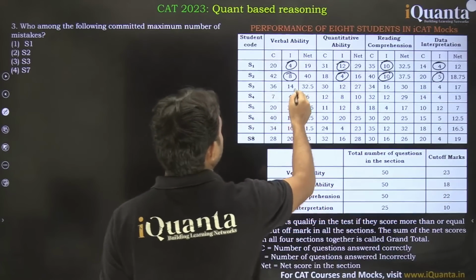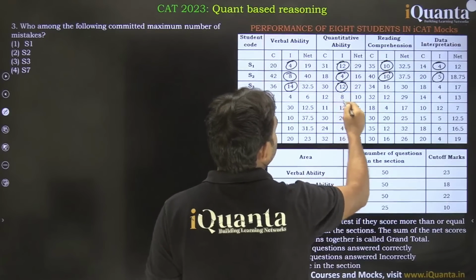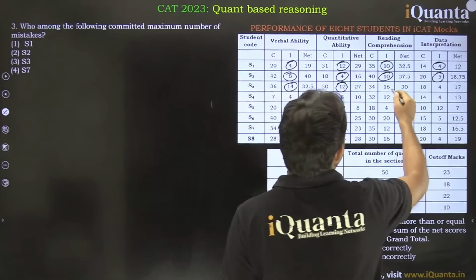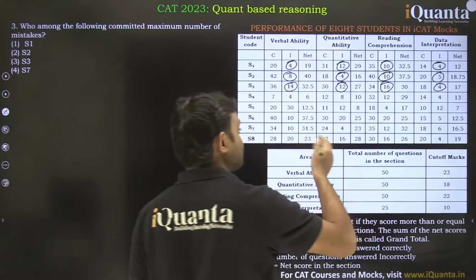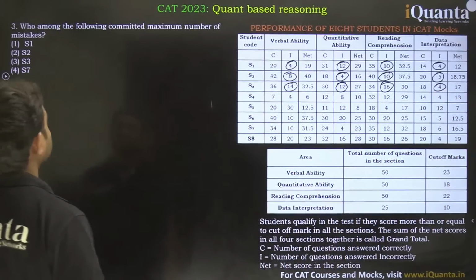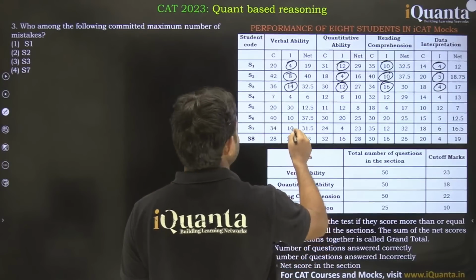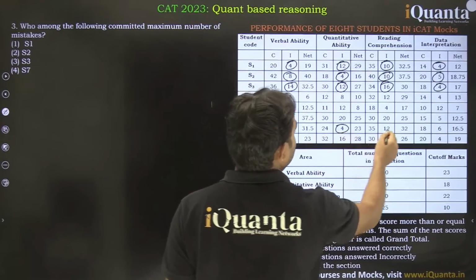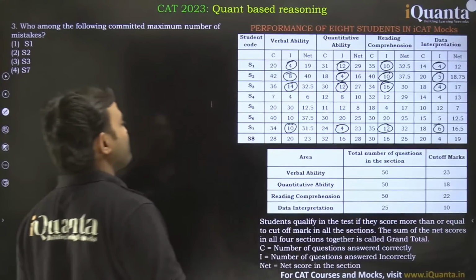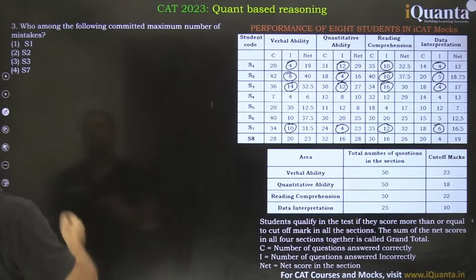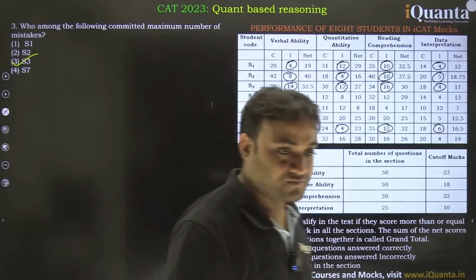Next, S3, 14, then 12, 26, plus 16, 42, plus 4, 46. Wow. 46 mistakes, guys. Don't do this. Don't be like S3. 10 for 14 and 12, 26 and 6, 32. So the maximum mistakes are made by S3. So the answer is option 3.